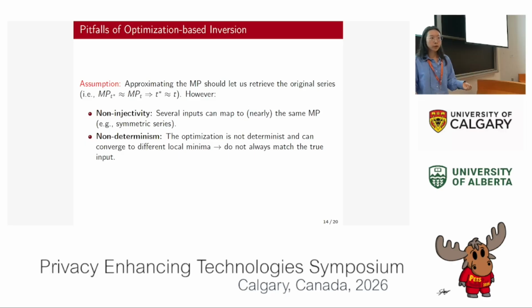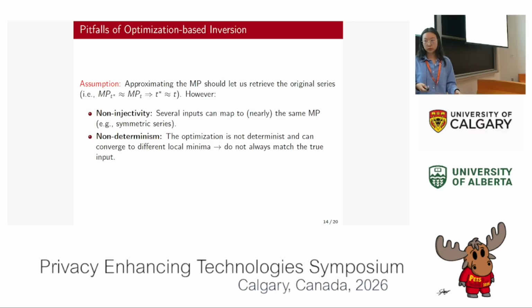However, the matrix profile function is not injective, which means that several inputs can map to nearly the same matrix profile. For example, two symmetric time series will have the same matrix profile. In consequence, the optimization will not be deterministic and can converge to different local minima, which do not always match the real input.